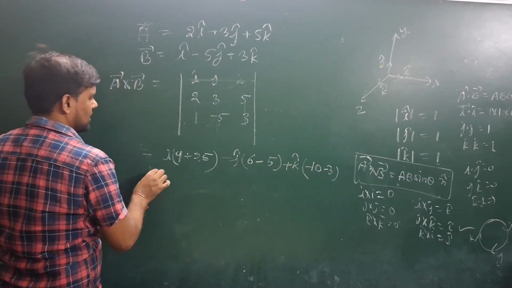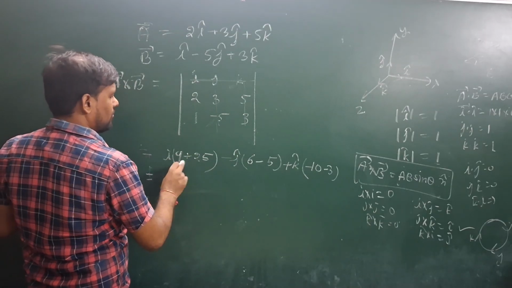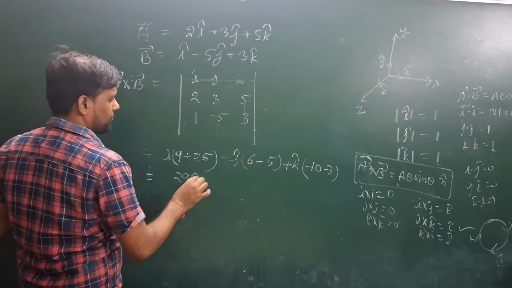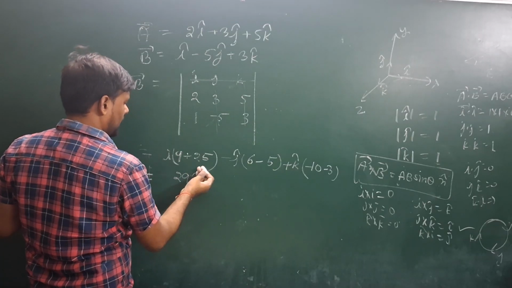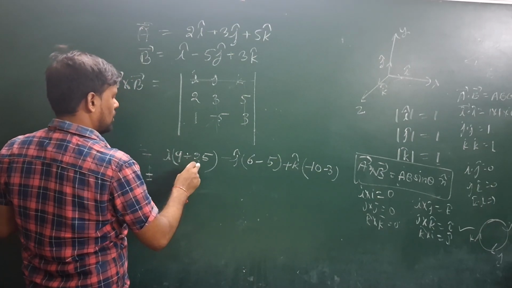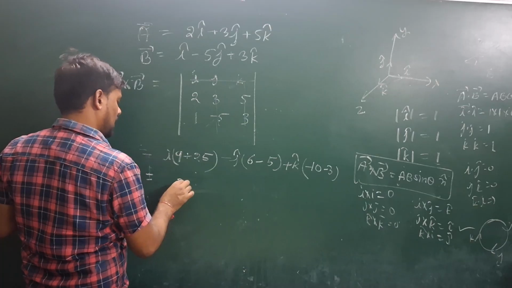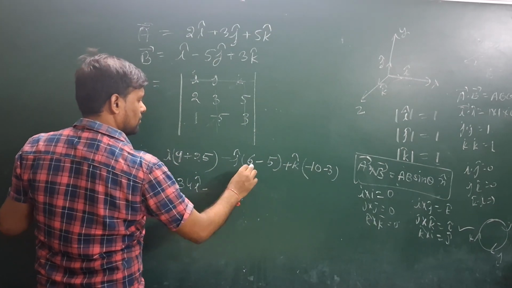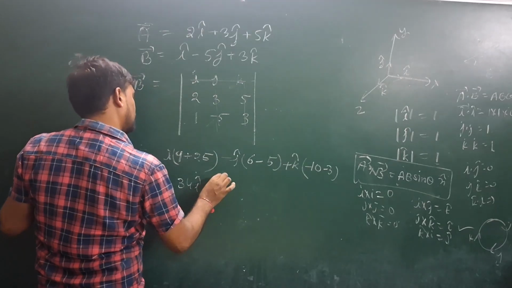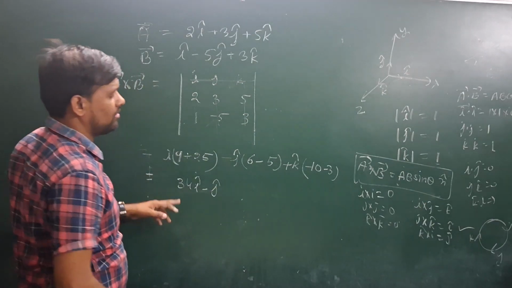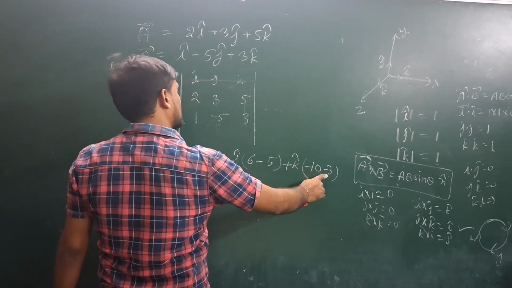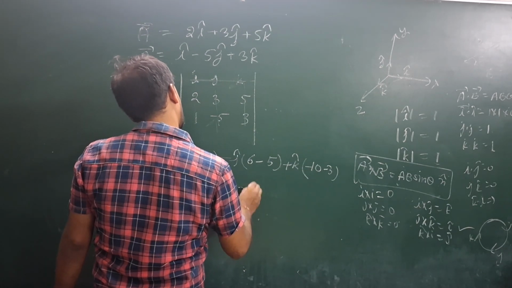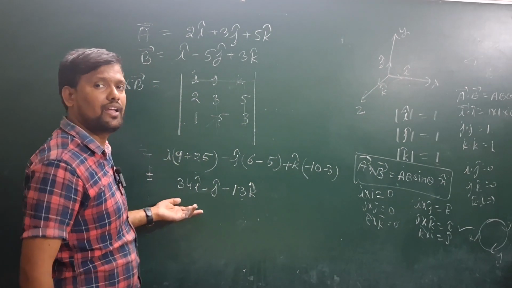By solving this, we get 34 I cap, minus 1 j cap, and minus 10 minus 3, minus 13 k cap.